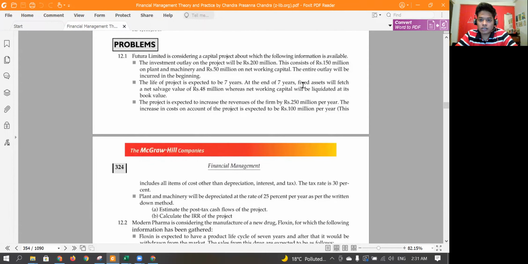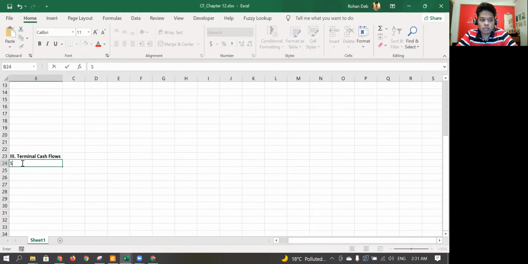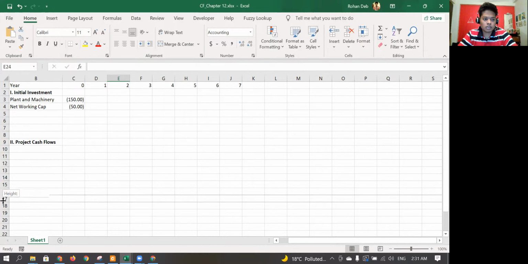At the end of the 7 years, the fixed asset will fetch a net salvage value of 48 million. Okay, so I know the terminal value, the salvage of plant and machinery, would be at the end of 7 years. Let me just reduce a few rows.